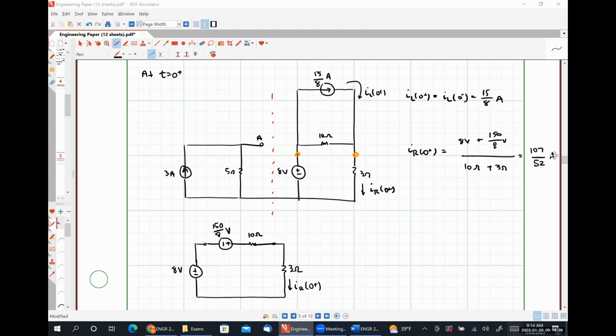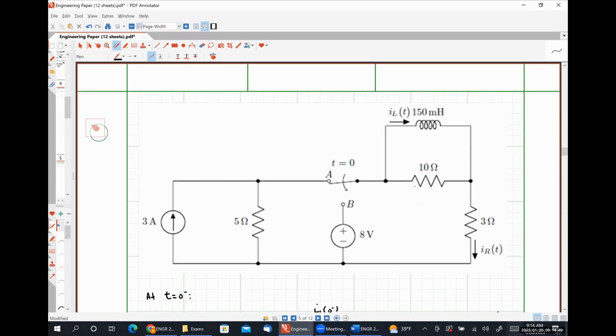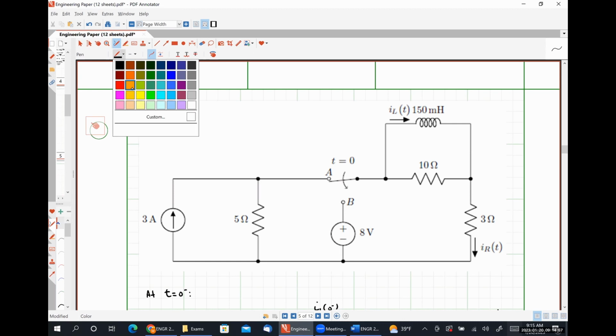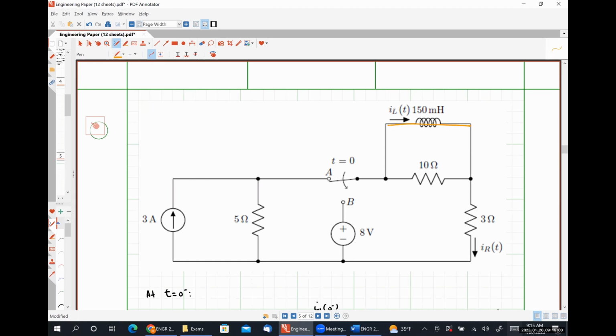Why is the 10 ohm resistor included in the circuit at t is equal to 0 plus, but not at t is equal to 0 minus? Okay, Cynthia, thank you for the question. Let's scroll up here really quickly. At t is equal to 0 minus, our circuit is at DC steady state, which means our inductor behaves like a short circuit.